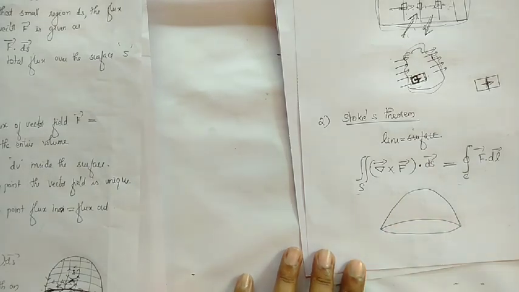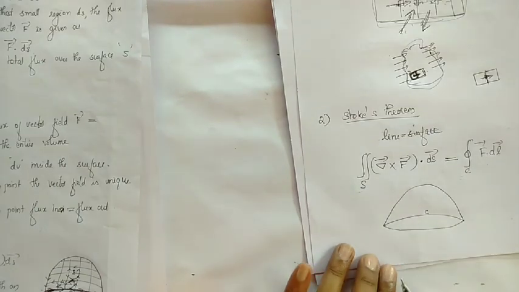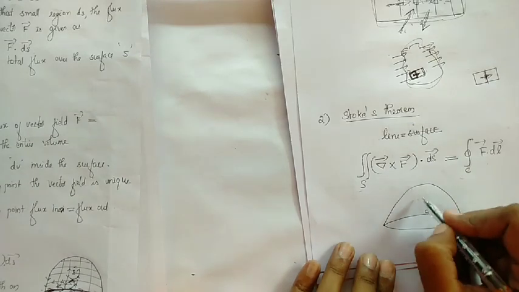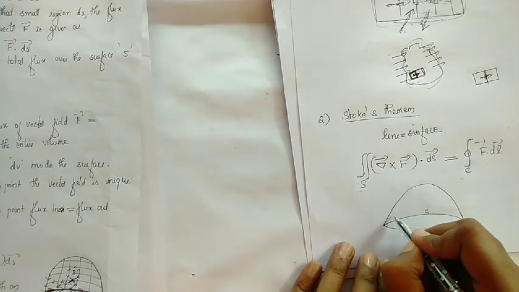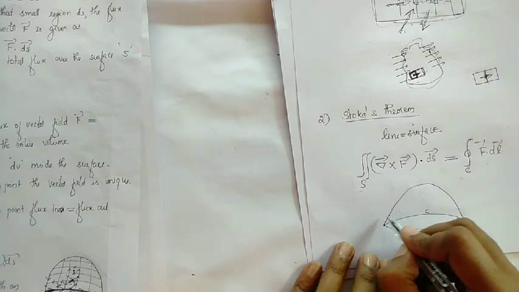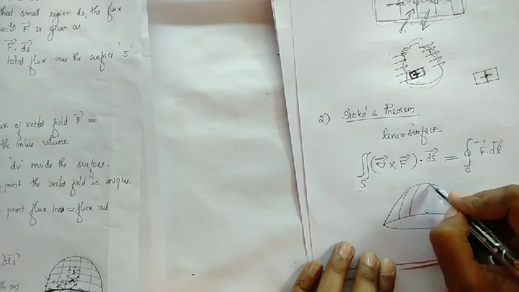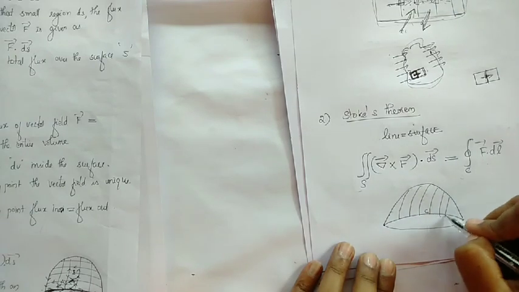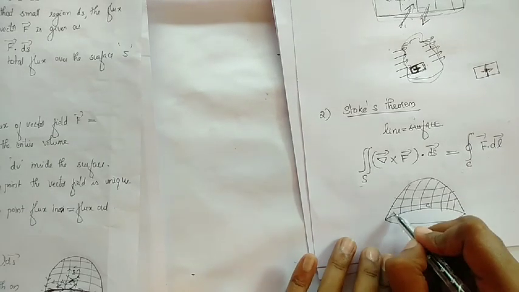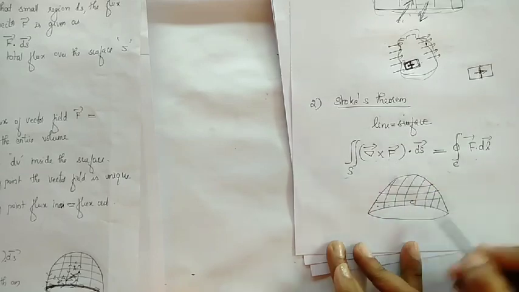The open curve is here, our curve C. If some vector field is there and it is circulating, we divide the surface into small areas and consider the circulation in each area, the circulation del cross F.